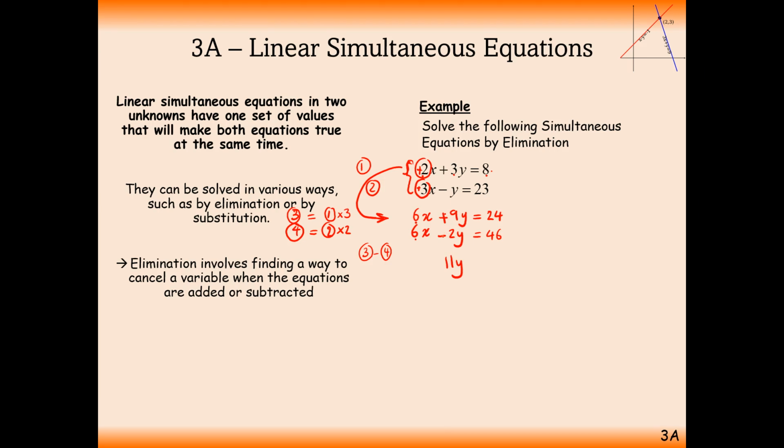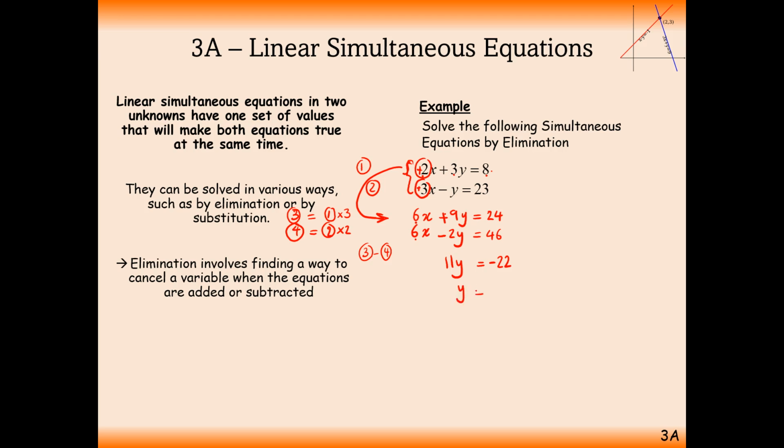If you think carefully, minus a minus 2 means I'm really adding 2 to 9. 24 minus 46: the difference between these two numbers is 22, but it will be negative 22 because 46 is bigger than 24.